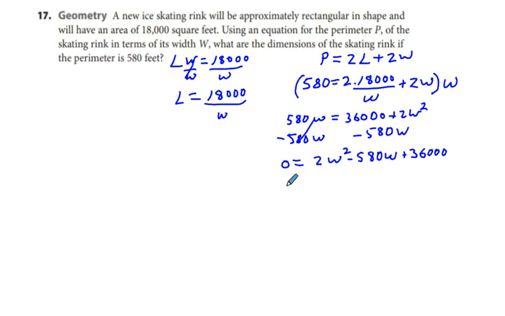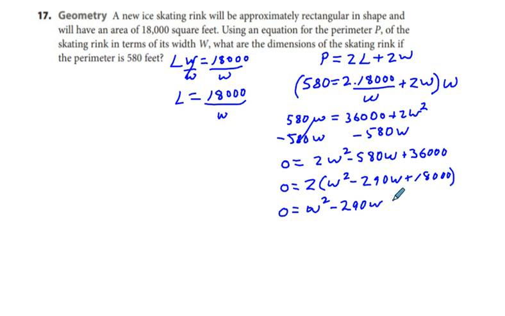There's a common factor of 2, so we can say 0 is equal to 2 times (W squared minus 290W plus 18,000). So therefore, dividing out the 2, 0 is equal to W squared minus 290W plus 18,000.